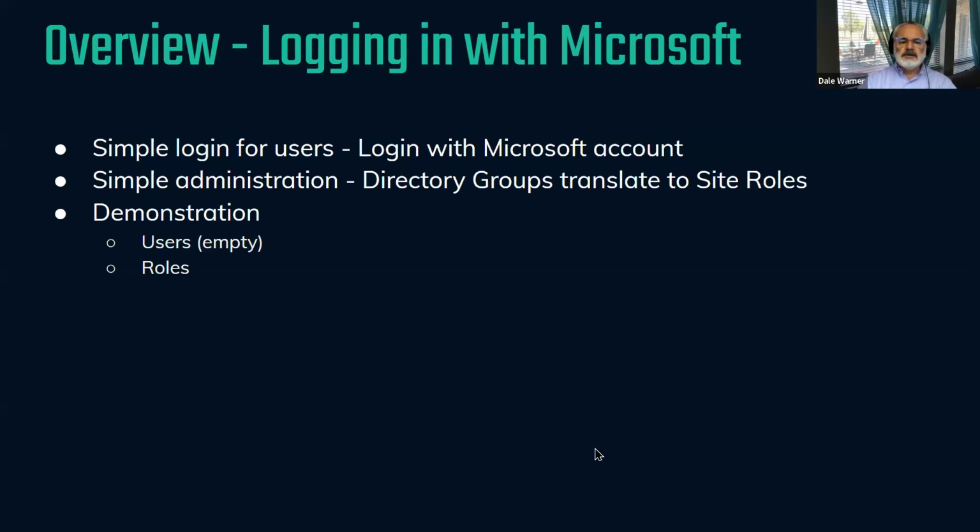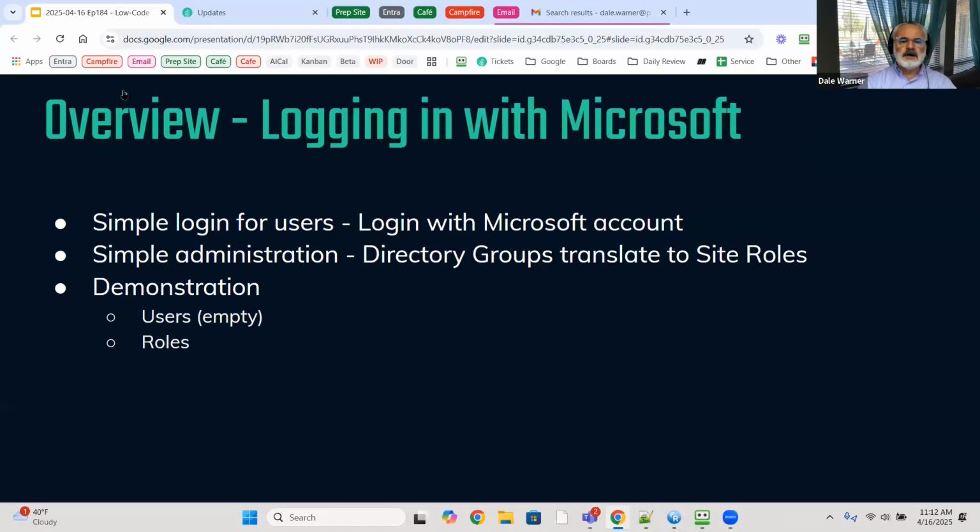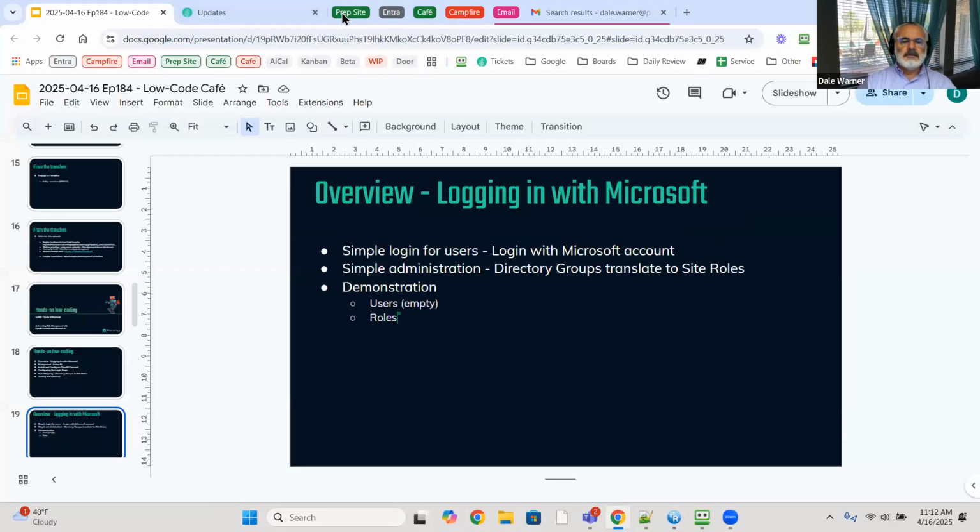Then you end up getting logged into the Plant an App site that you're configuring. This gives simple administration: whatever directory groups get assigned to users gets translated into site roles, so it's centrally managed. So let's take a look at a little bit about this.